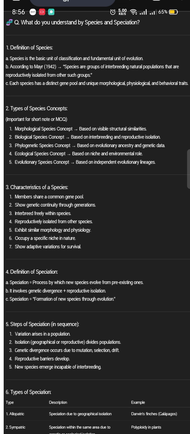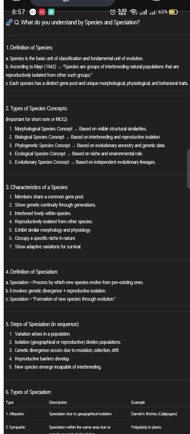The ecological species concept is based on niche and environmental role. The evolutionary species concept is based on independent evolutionary lineages. So: morphological, biological, phylogenetic, ecological, evolutionary. And there is also the typological species concept, which we will learn later.